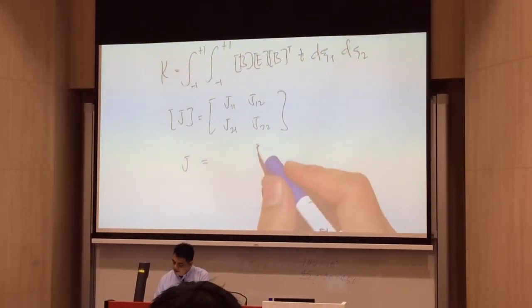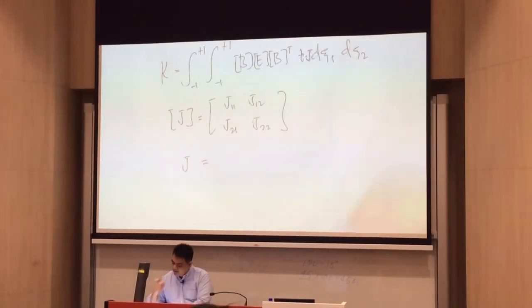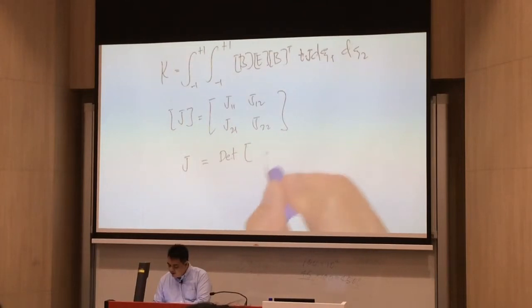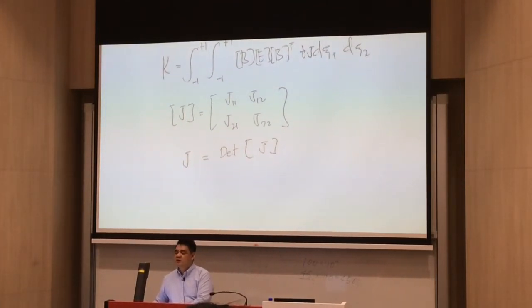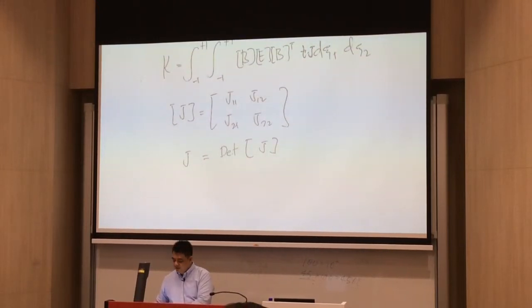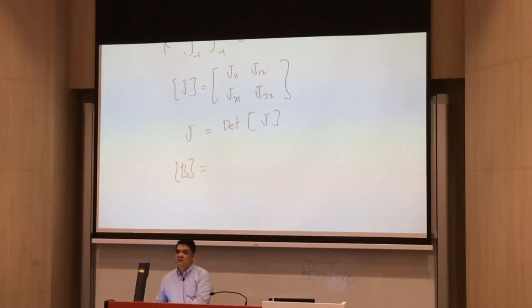So this will be equal to, sorry, I missed that J there. J will be the determinant of your Jacobian matrix. Yes? So here, you can straightforward determine your B matrix.